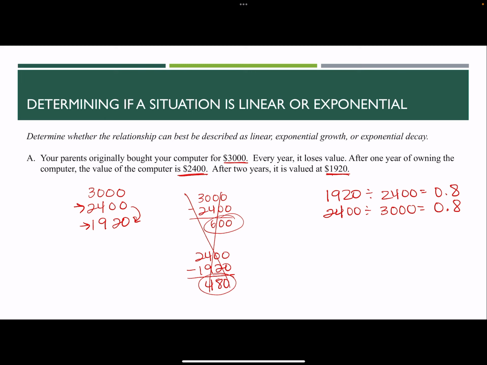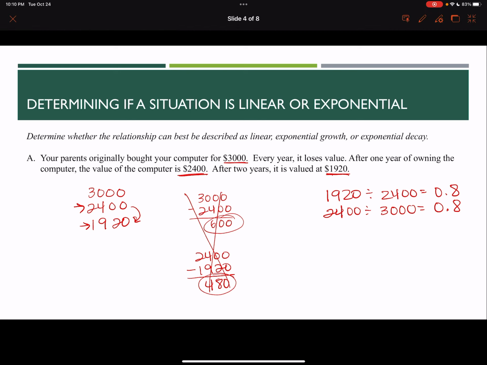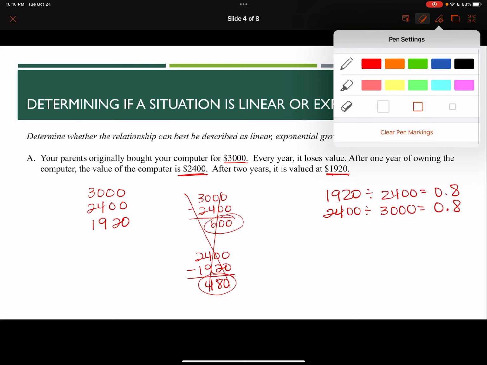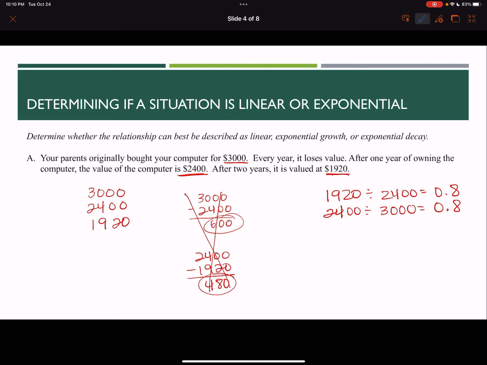So what does this mean? It means that the relationship is exponential because, let me clean this up a little bit, if I go back to my original values and I multiply by 0.08, so 3,000 times 0.08 is, I'm sorry, not 0.08. My fault.